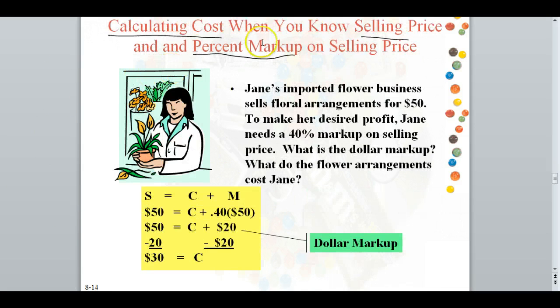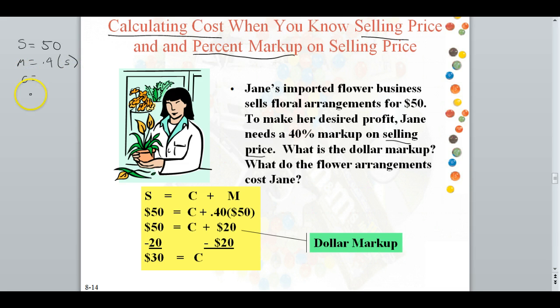So let's calculate the cost when you know the selling price and the percent markup on the selling price. So Jane's Imported Flower Business sells floral arrangements for $50. So our selling price equals 50. To make her desired profit, Jane needs 40% markup on selling price, right? Kind of important. Markup equals 0.40, right? On the selling price.